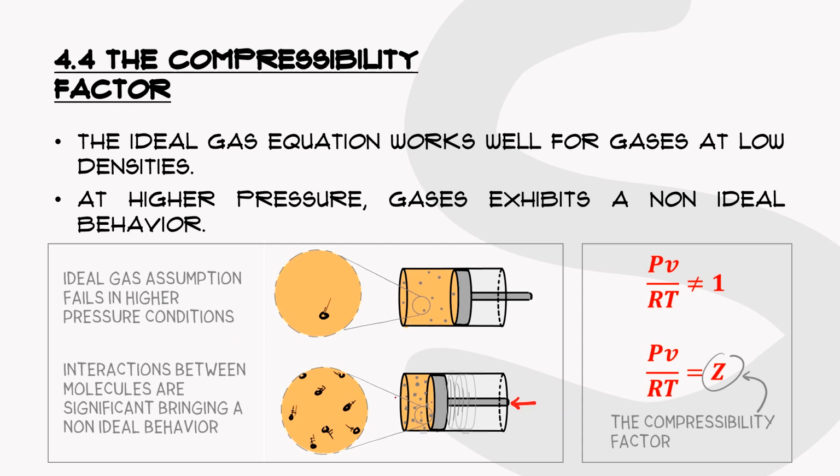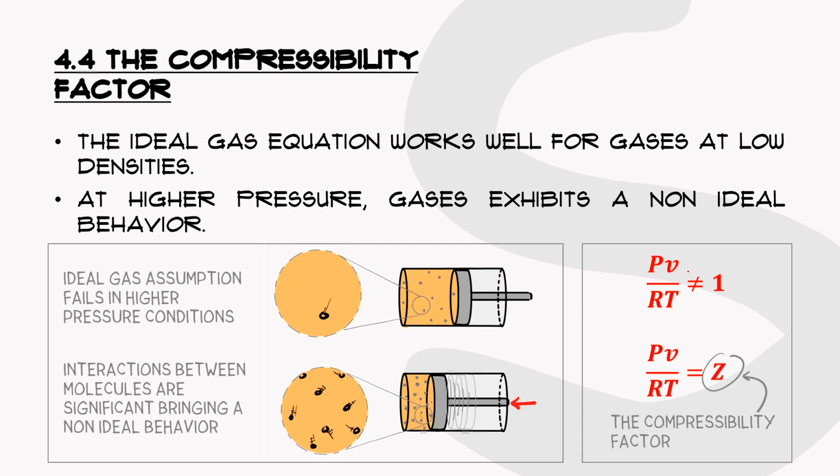But what will happen if we increase the pressure, as in this figure? If the pressure is increased, then the distances between the molecules become significant, and therefore the interactions become significant, and we have to take into account the effect of those interactions.